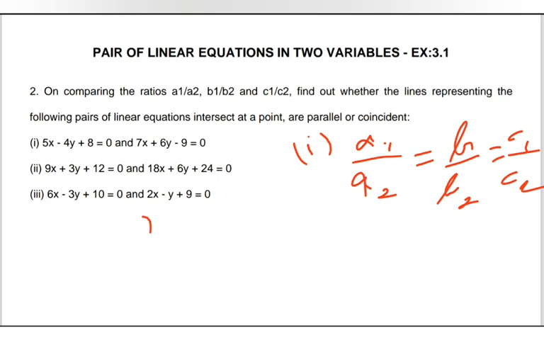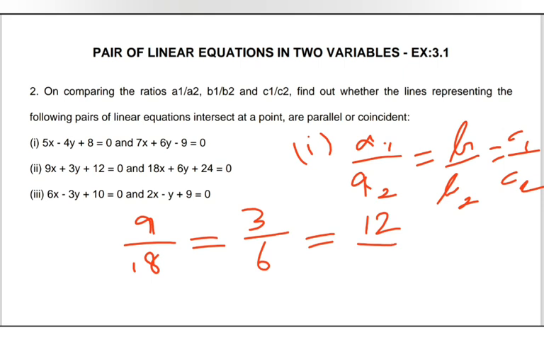So a1 is 9, a2 is 18, b1 is 3, b2 is 6, c1 is 12 and c2 is 24. If we simplify this, 1 by 2 is equal to 1 by 2 is equal to 1 by 2. So the second condition is satisfied, hence the two lines are coincident.